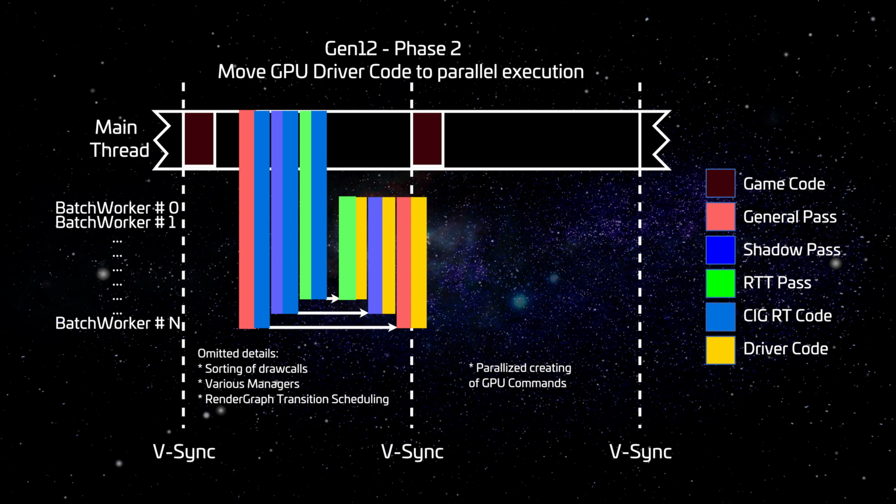The catch is, to allow efficient parallel generation of GPU commands, the data must be prepared in a certain way. And that is what we are doing right now as part of porting the scene object rendering to Gen 12 and moving our renderer code to the batch worker system. When this is done, we can implement the parallel Vulkan backend and remove the render thread.